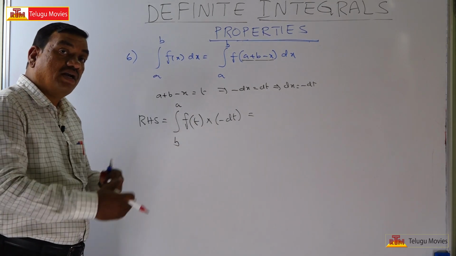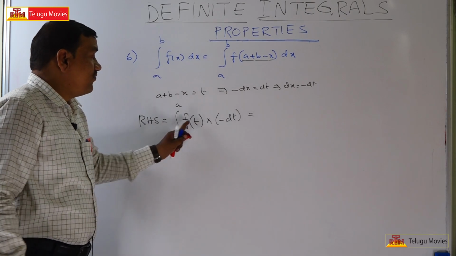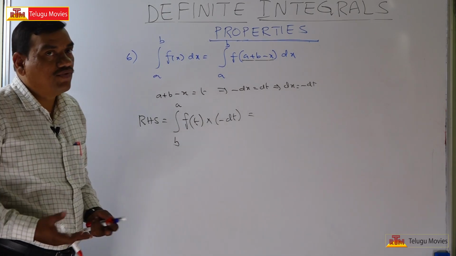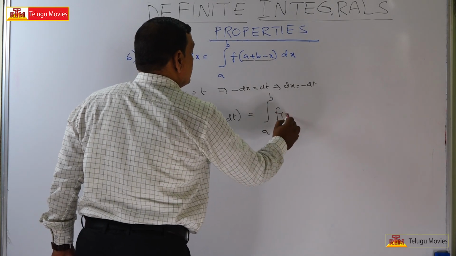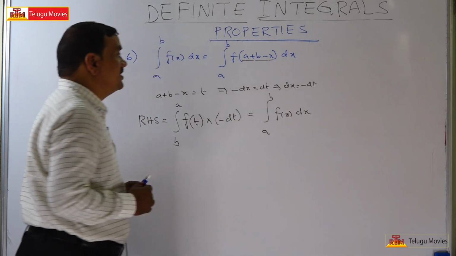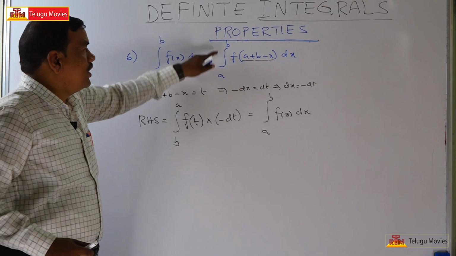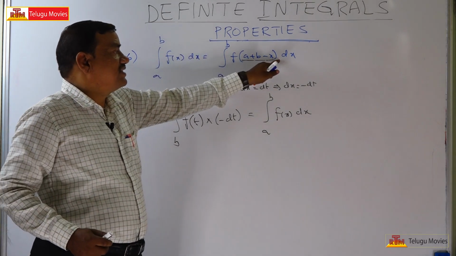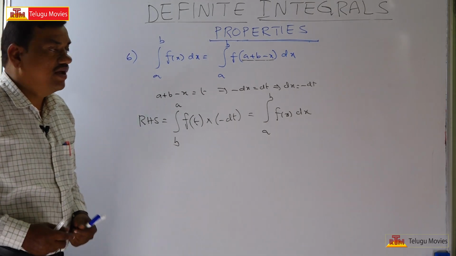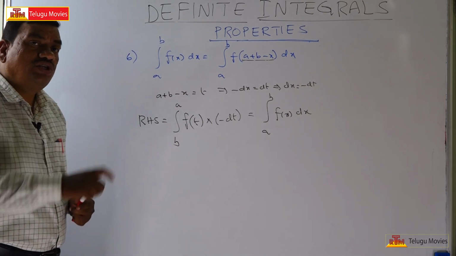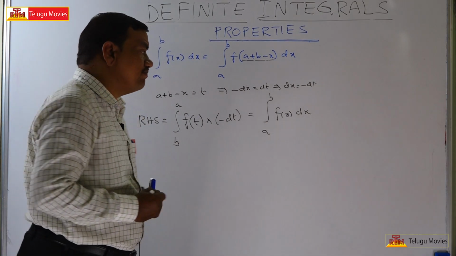Limits b to a will become a to b with the minus sign. F of t dt we can write as f of x dx. Therefore, a to b f of x dx. Understand this? So, therefore, integral a to b f of a plus b minus x dx is the same as a to b f of x dx. Okay. So, very nice problem. Using this, what is the very important deduction?